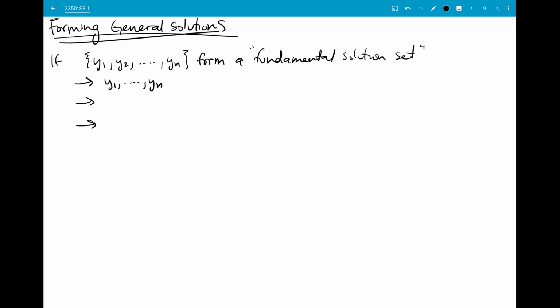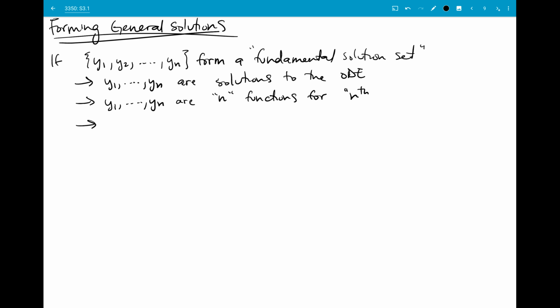That's going to be that y1 through yn are solutions to the ODE, that you have n of them for an nth order ODE, and that they're linearly independent.